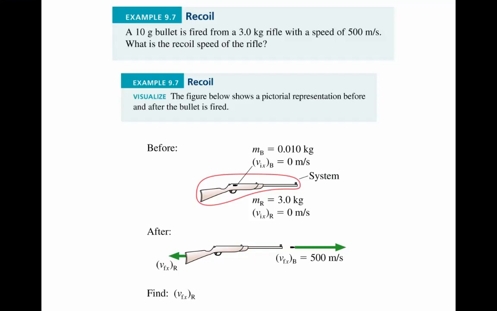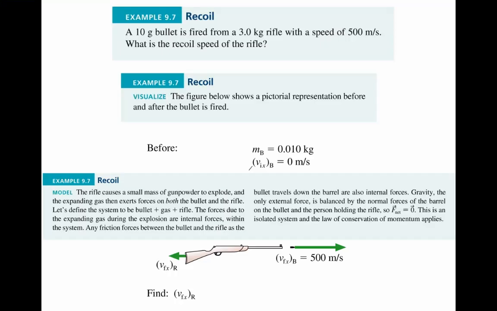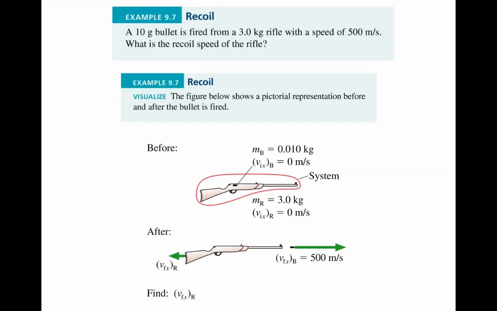Okay, so if we take a look at this picture, let's deal with our constants. We'll say M1 is that of the bullet, and that's equal to 0.010 kilograms. And we have mass 2, and that's equal to 3.0 kilograms.